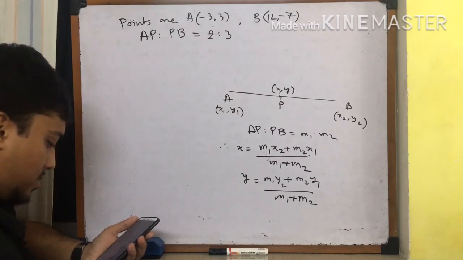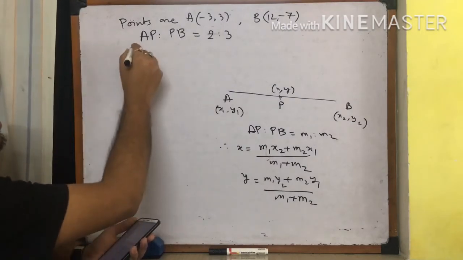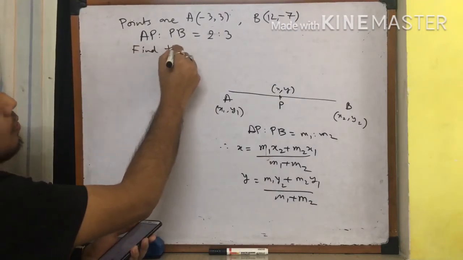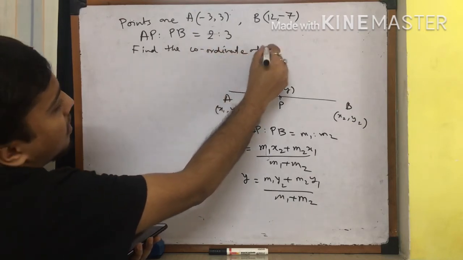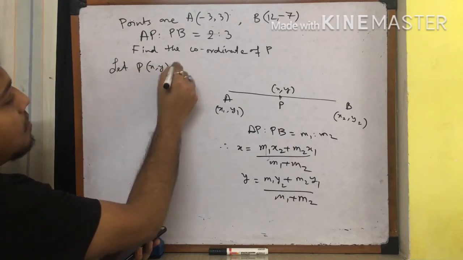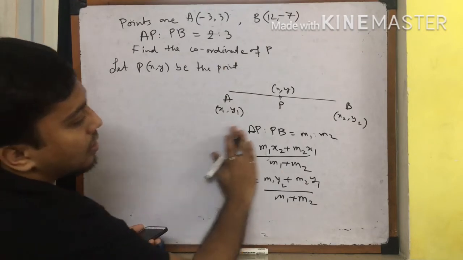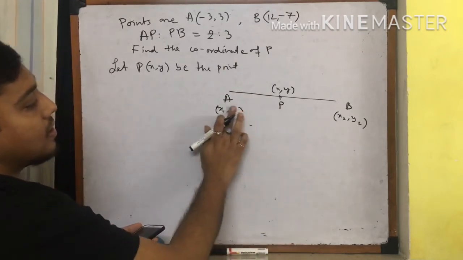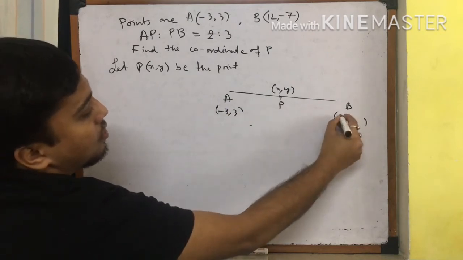Find the coordinate of P. Let P x comma y be the point. You can draw it like this: A is minus 3 comma 3, B is 12 comma minus 7.